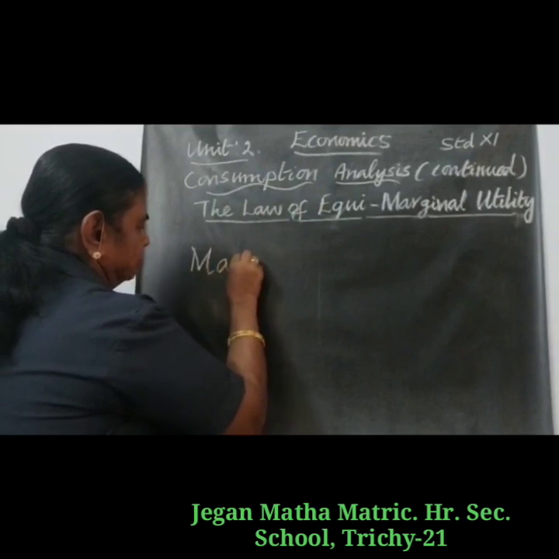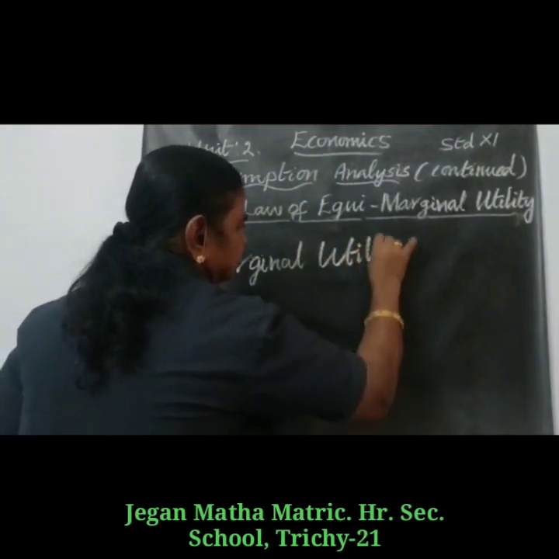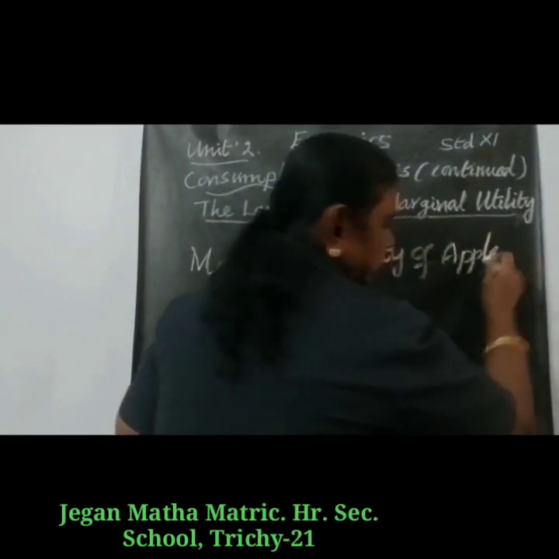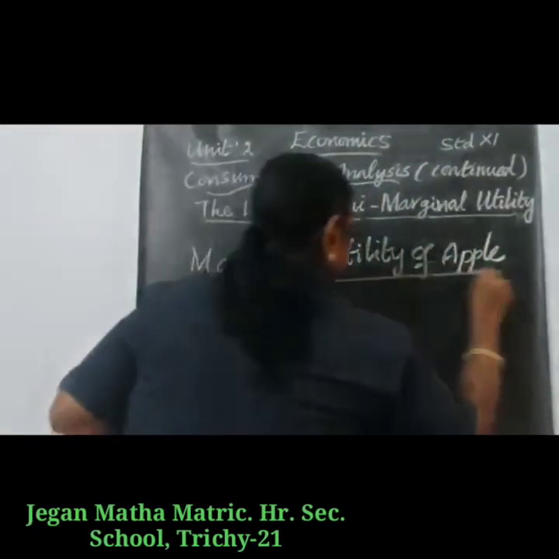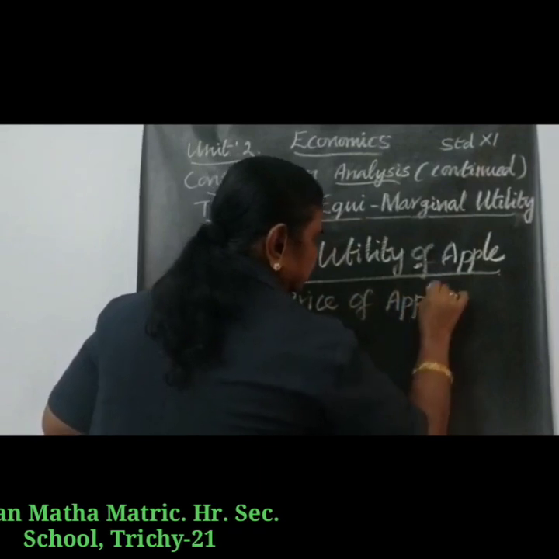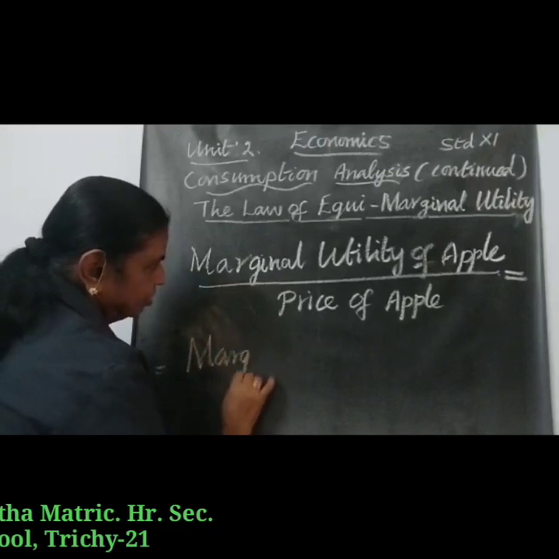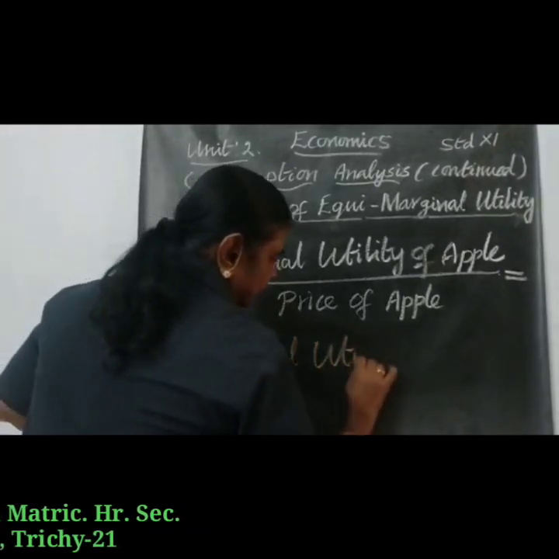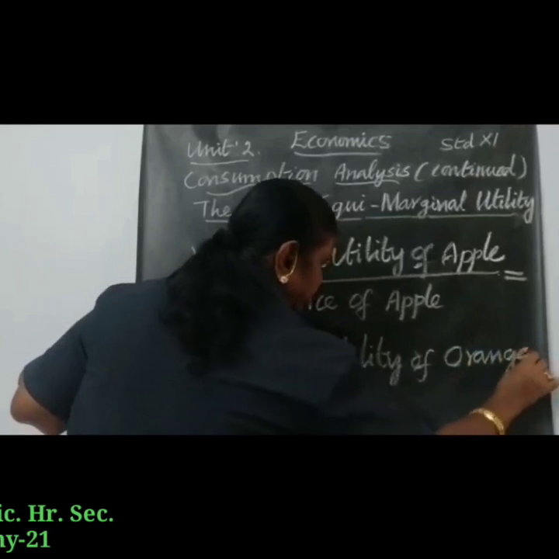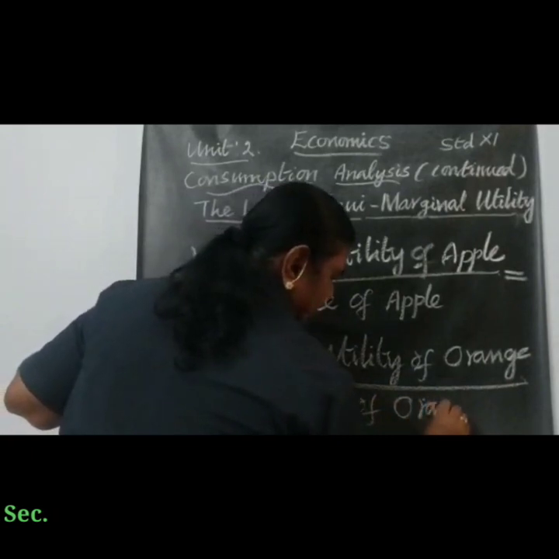Marginal utility of apple divided by price of apple is equal to marginal utility of orange divided by price of orange.